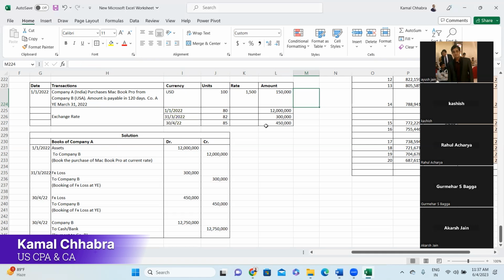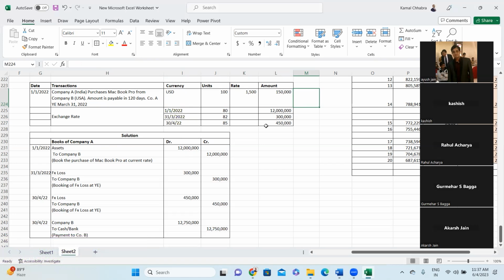Market price after 120 days is 85, and you have the hedge transaction at 83. So that means you will be availing the benefit of the hedge transaction, right? Yes, no? So in that scenario, what will you be doing?